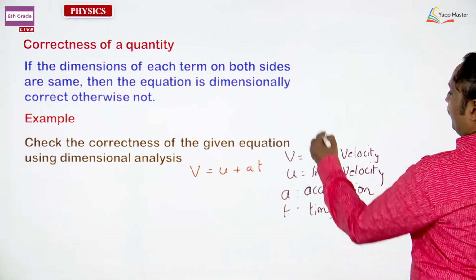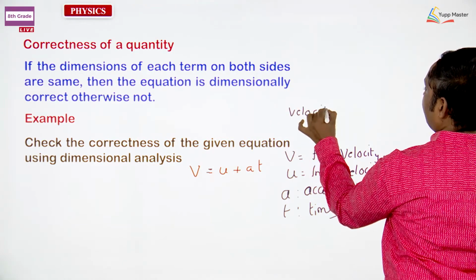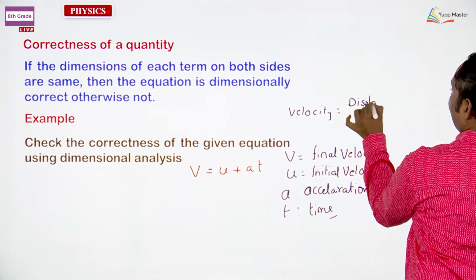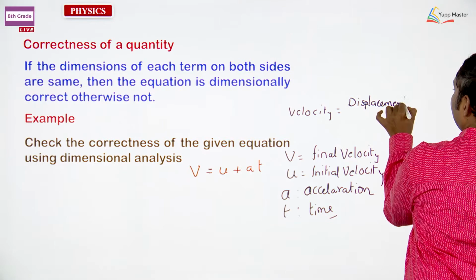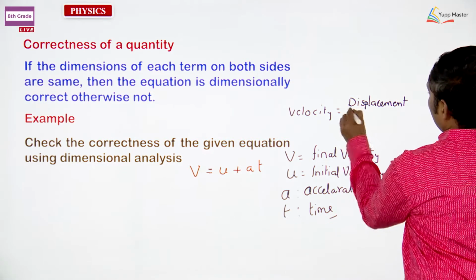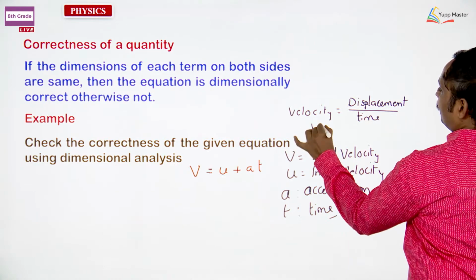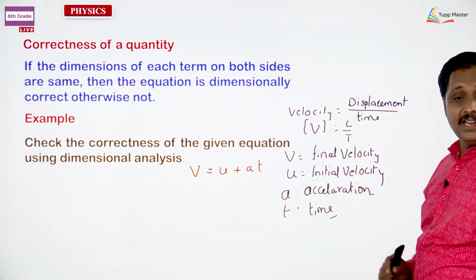You can confirm that velocity is represented by displacement by time. How can you write V? It is equal to L by T, very clear.